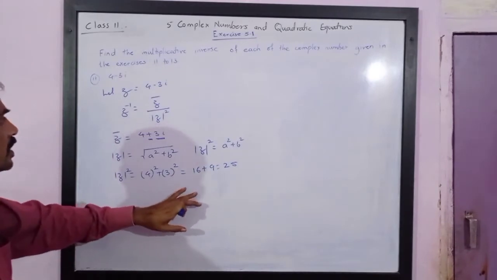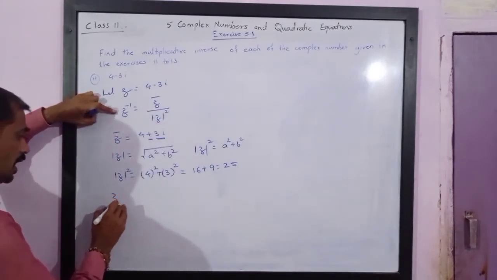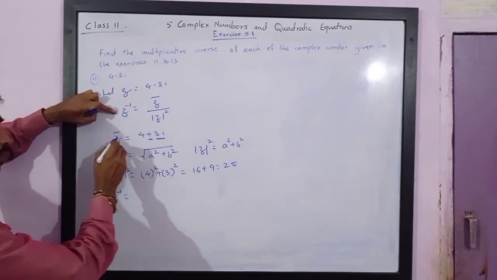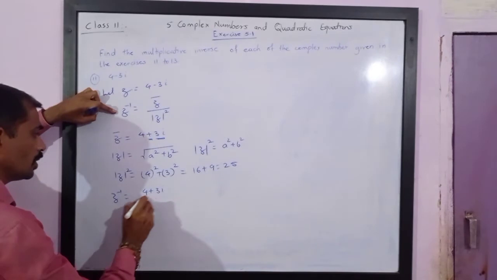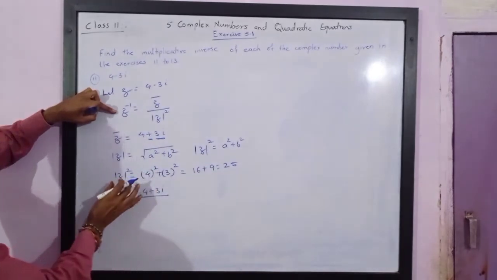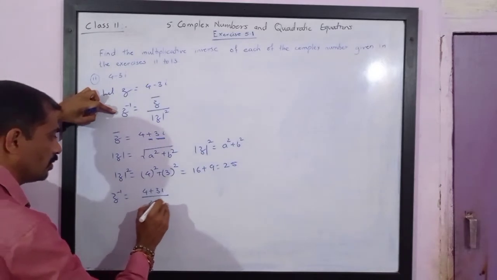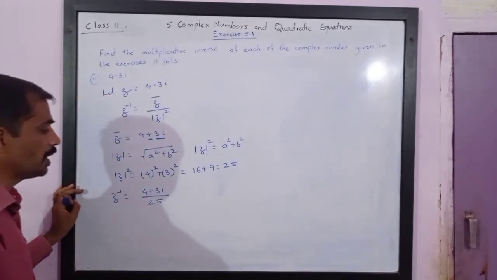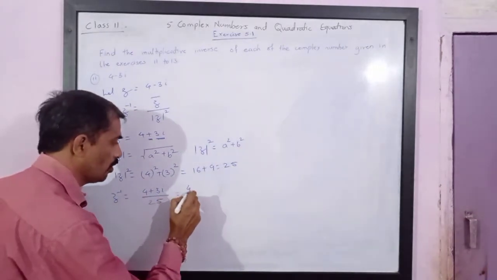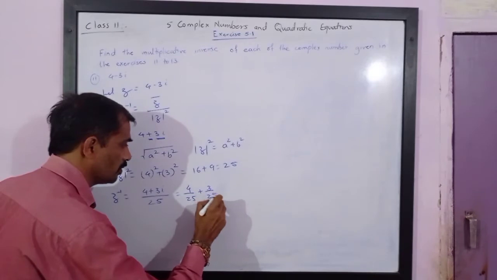Now it means multiplicative inverse z inverse is equal to, conjugate is 4 plus 3i, upon the square of the modulus, which is 25. So if you write the real part separately and the imaginary part separately, then this is equal to 4 upon 25 plus 3 upon 25i.